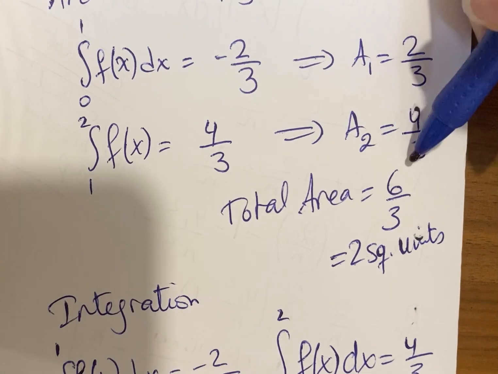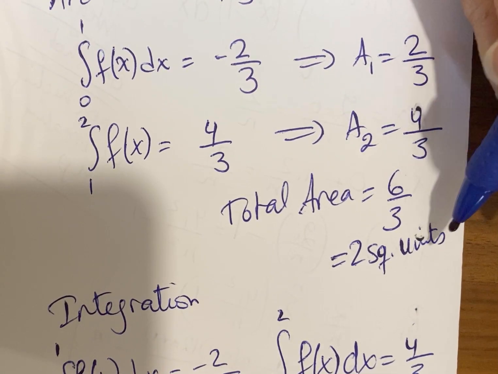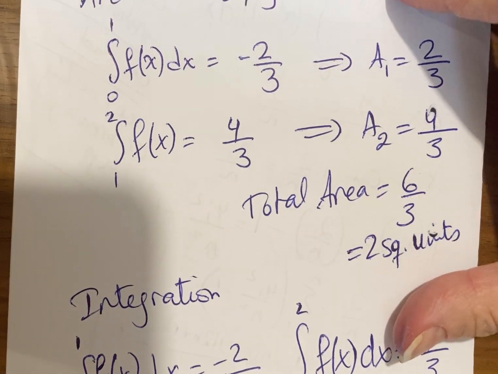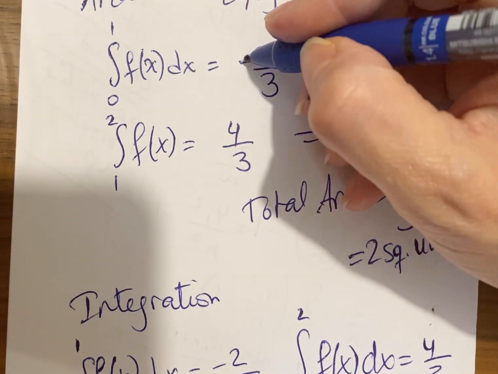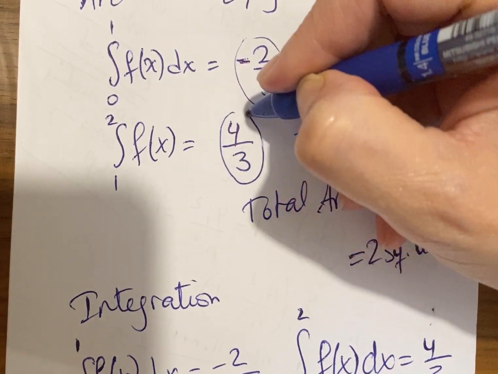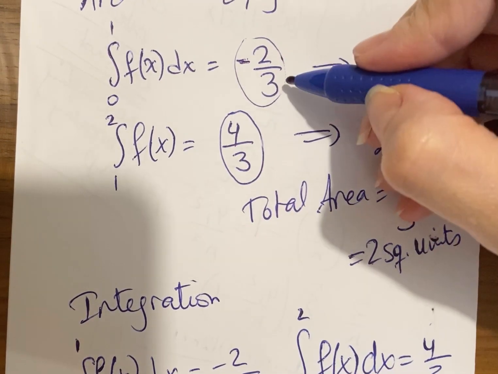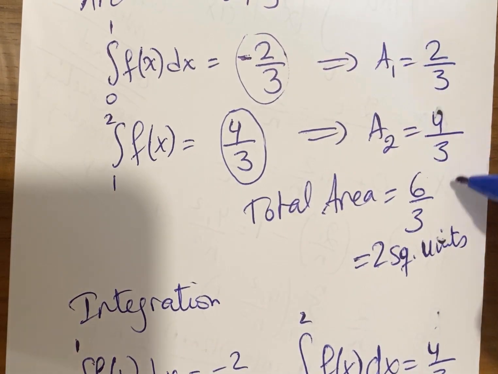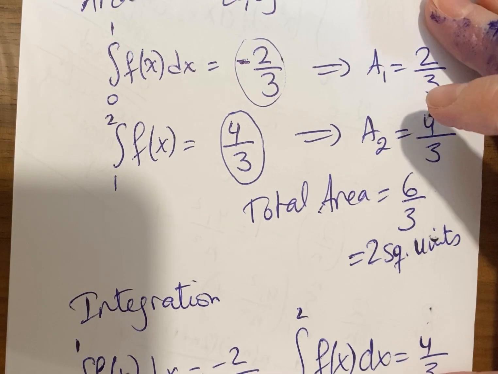You took 6 steps, so 6 over 3. Again, for simplicity, I'm not mentioning the 3, but see, that's the idea. You went 2 over 3 below the x-axis, then 4 over 3 above the x-axis. This means that in total, how much did you move? You moved 2 over 3 plus 4 over 3, 6 over 3, which is 2 square units.